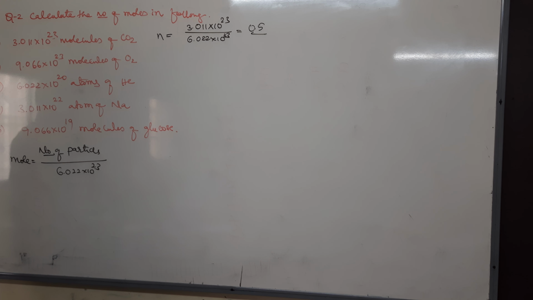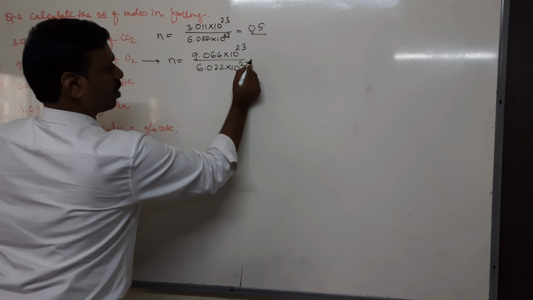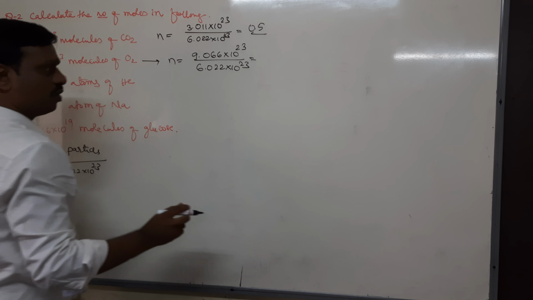Similarly, number of moles is number of particles, 9.066 into 10 power 23 divided by 6.022 into 10 power 23. It is 3 by 2, yes or no? Approximately, it means 1.5.